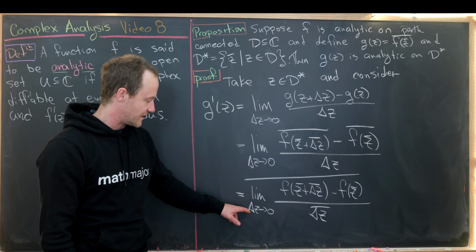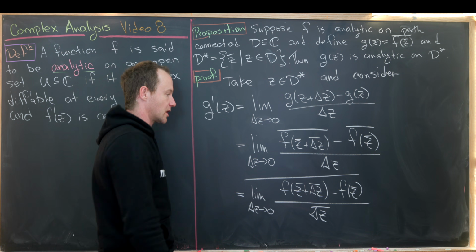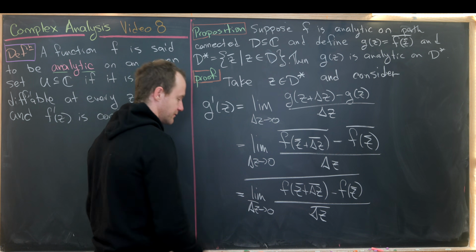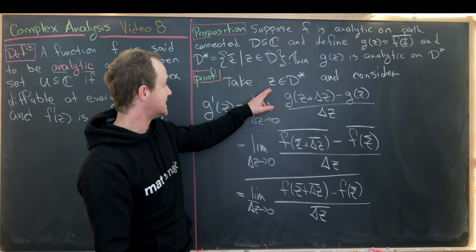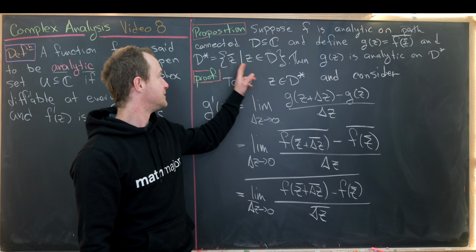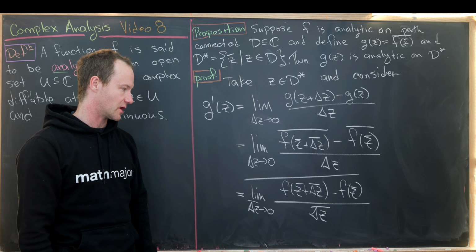Now furthermore, if delta z is approaching 0, then delta z bar is also approaching 0, so I can put a bar over this. But now, if z is in D star, then z bar is in D by the definition of D star up here.